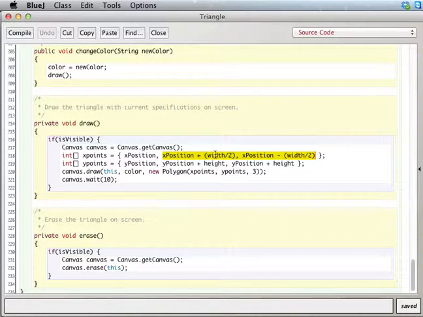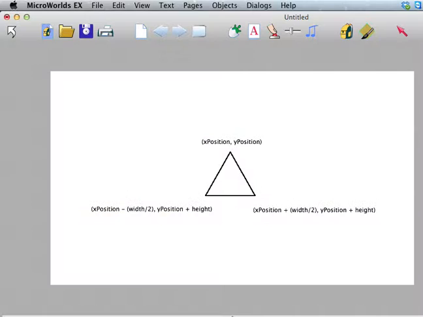Because this one's plus half the width and minus half the width. So when you're comparing your x position, you're comparing the middle of the triangle. I'll show you a picture in a second what I'm talking about. And then with your y position, you have the y position, and then these two plus height, plus height. Yeah, let me bring up a picture here.